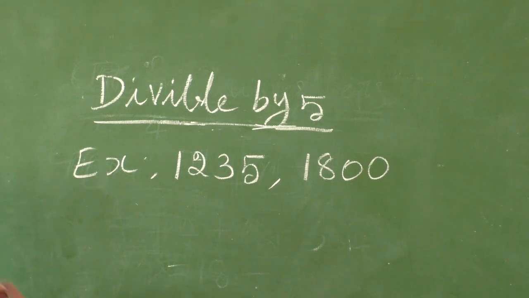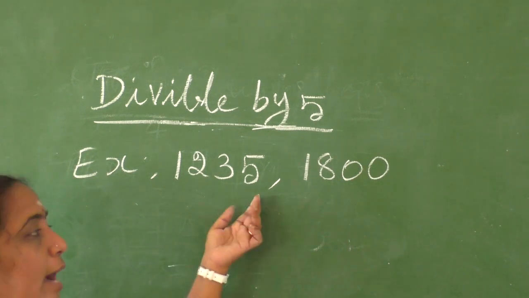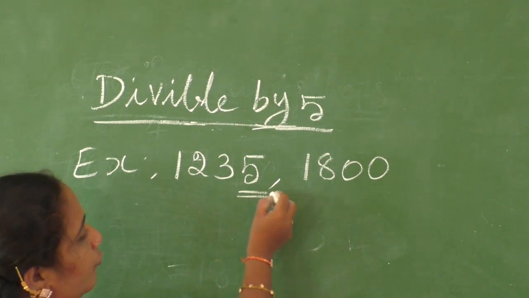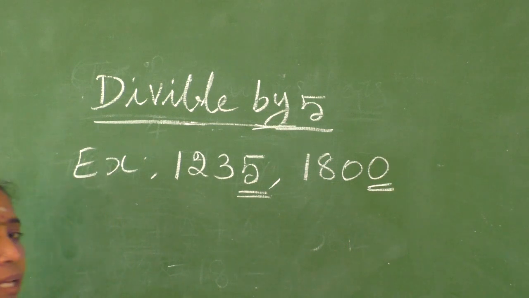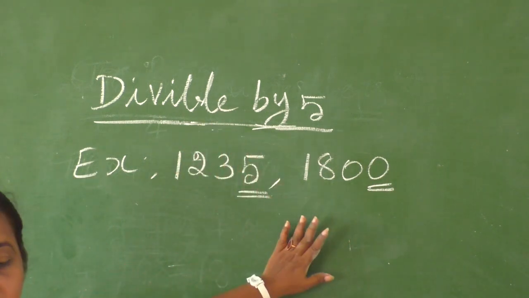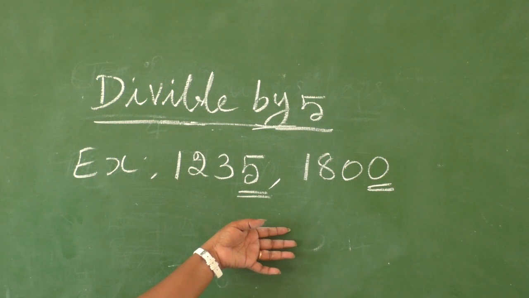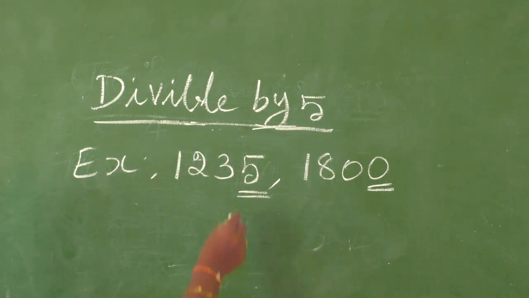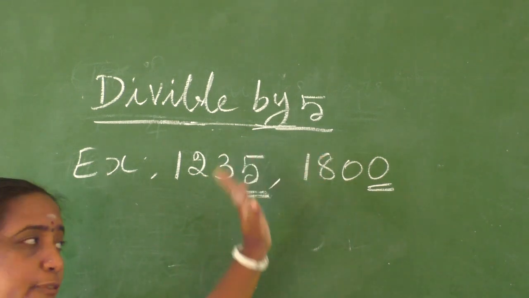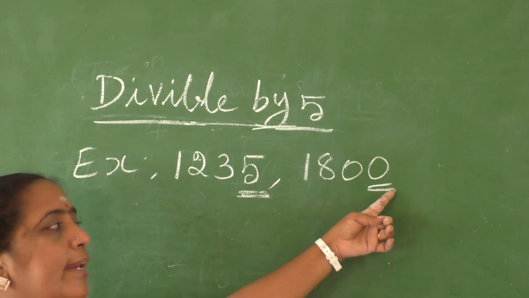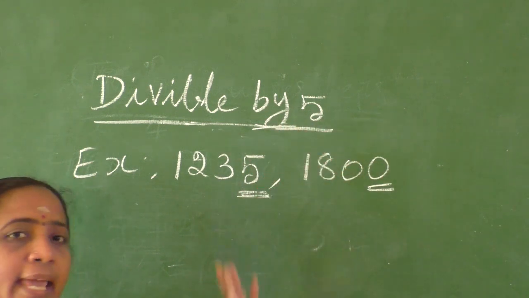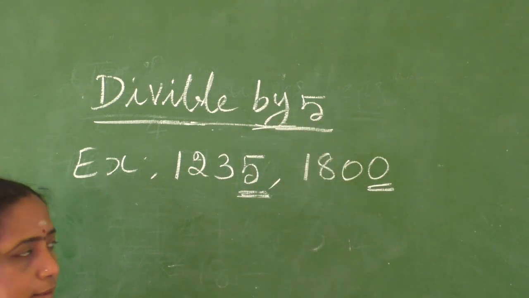How do you check? Look at the ones place. If you have 5 or 0 in your ones place, then that whole number will be divisible by 5. See here, in the ones place you have 5, so definitely this whole number is divisible by 5. Then another example, here the ones place is 0, so this whole number is divisible by 5. Yes.